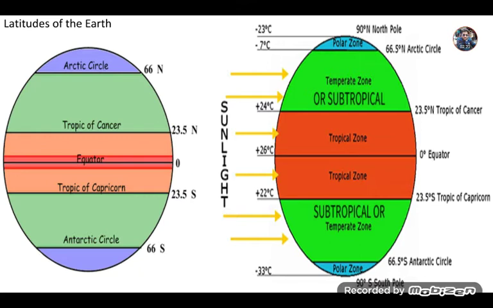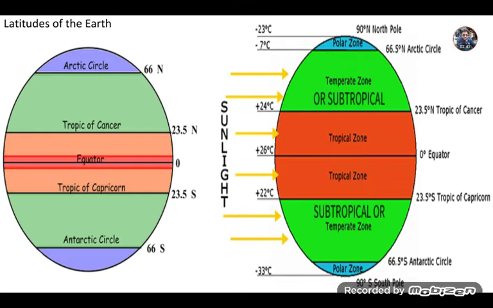Our country India, the southern half of our country, lies in the tropical zone, the torrid zone, and the northern part lies in the temperate zone. That's why the Indian climate is subtropical. It's not completely tropical, nor completely temperate. It's subtropical.